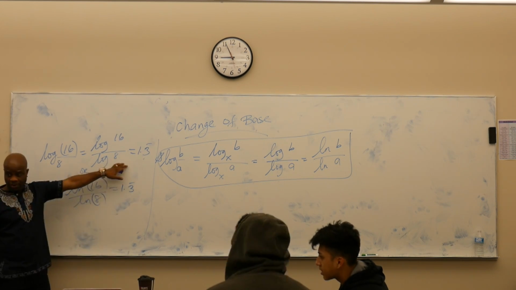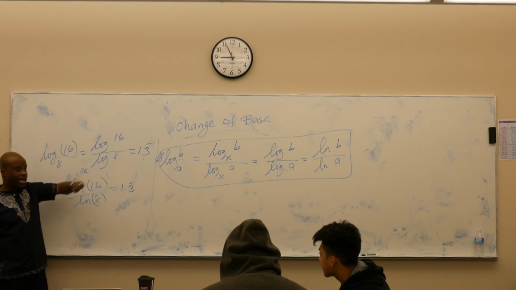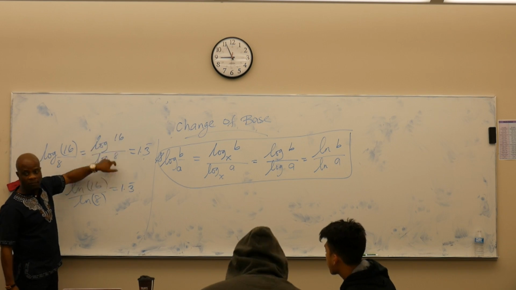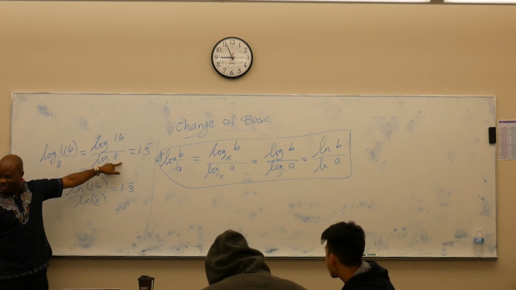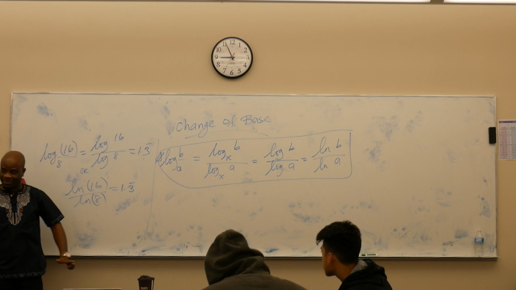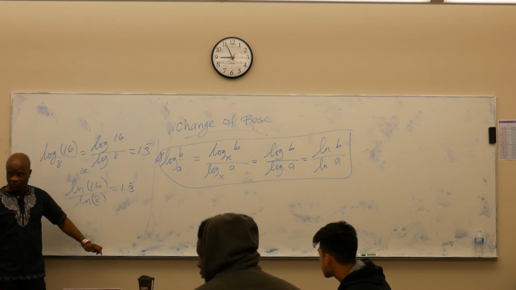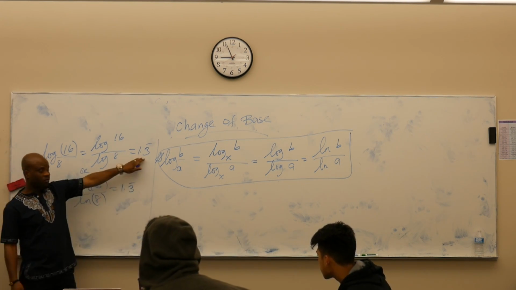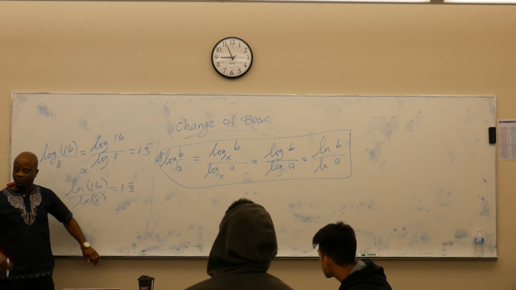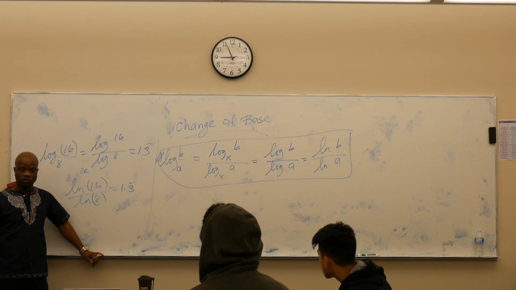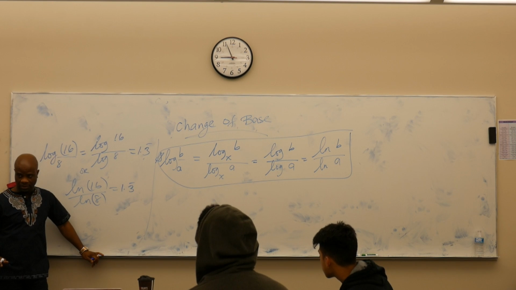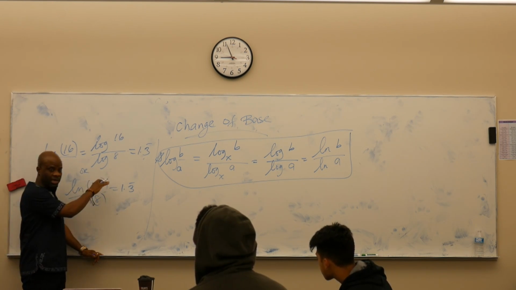So it's not the same here, right? I don't want people getting here and being like, oh, I can divide, and get 16 divided by 8 is 2 and do the log of 2. It's not the same. You already see you're getting two different answers. This gives me 1.3 repeating, the other one gives me 0.3, which is one whole number less. So don't get here and think I can take shortcuts.